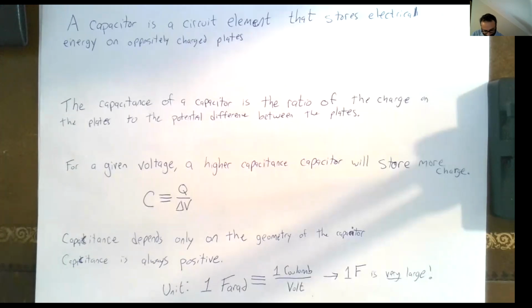So wouldn't the spherical ones be the most efficient? Well, we'd have to define efficiency. If you talk about having the highest capacitance in the smallest volume, I don't really know. You might be right.